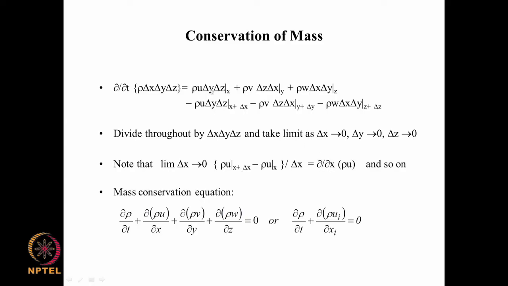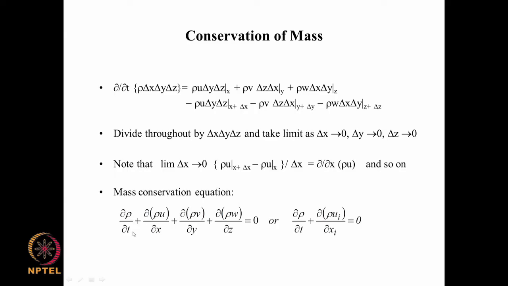So, these two together will give you minus dou by dou x of rho u, these two together will give you minus dou by dou y of rho v, and these two together will give you minus dou by dou z of rho w. These are all minus, so you bring them to this side and then you have this form here, which is the conservation of mass.